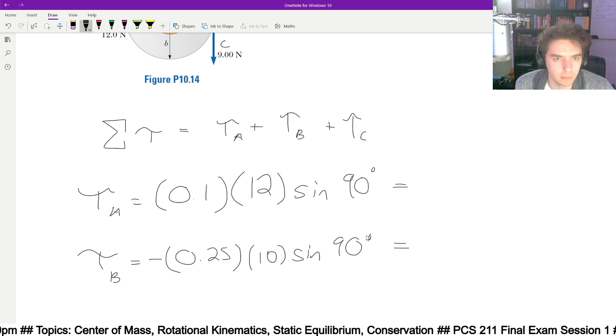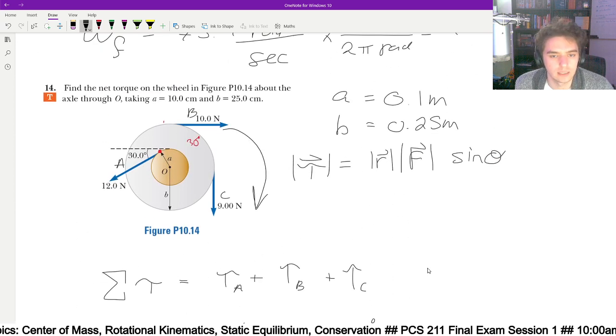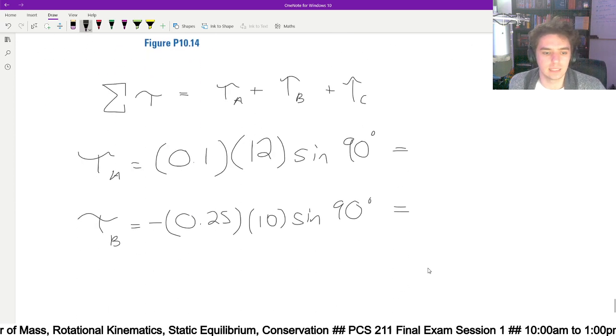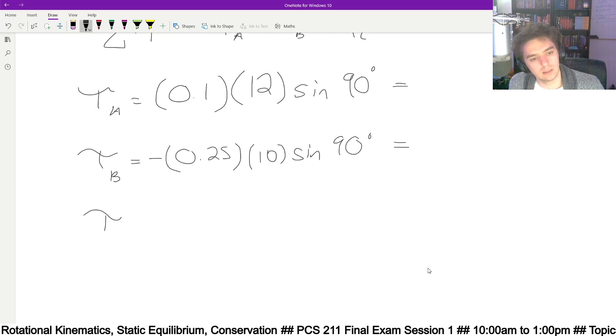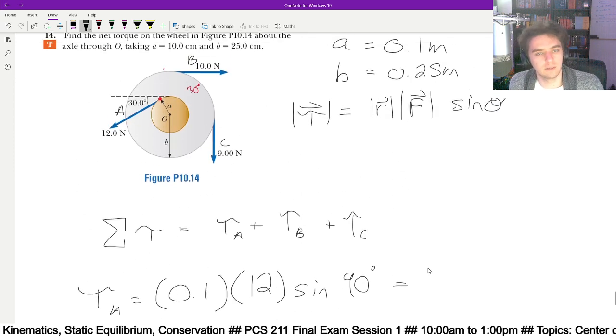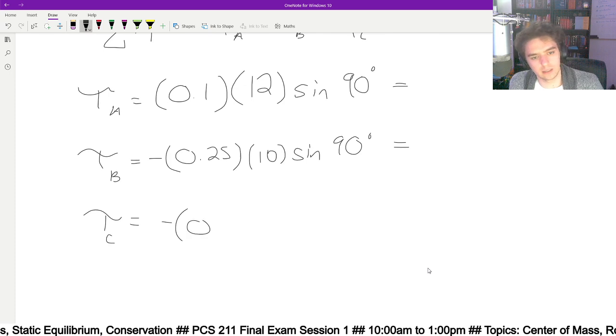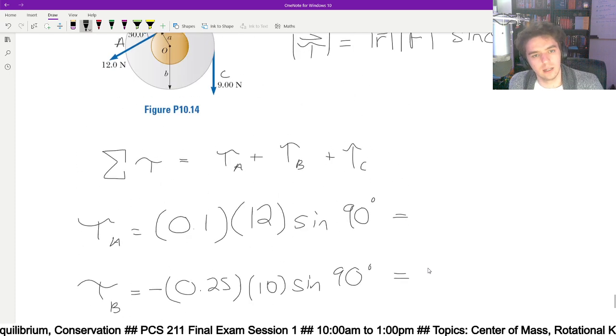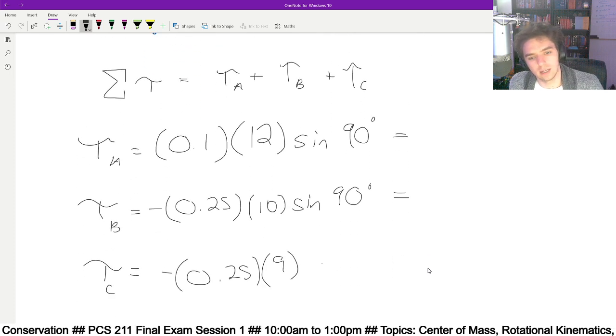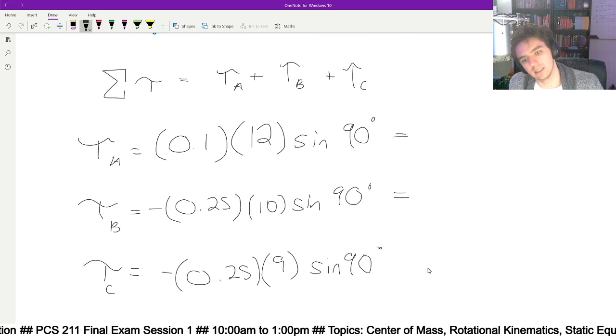But it's going to be negative because it's pushing clockwise. Same with TC, again negative. It's going to be 2.5 from the axle, force is 9, and sine of 90 degrees.